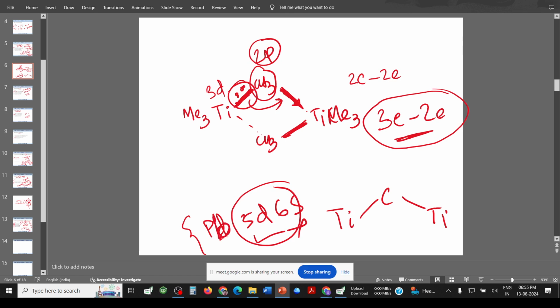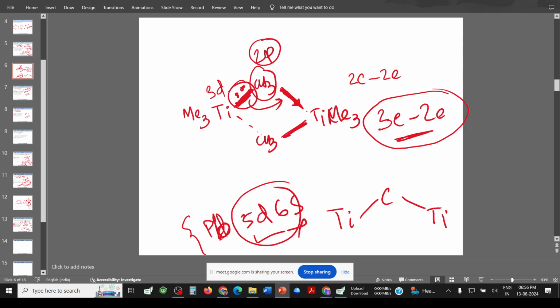So another lead has to come into the picture to interact with the other lead molecule. This methyl group is not able to interact with another lead center. That's why the electron density totally remains in the lead-methyl bond. That's why it is stable.